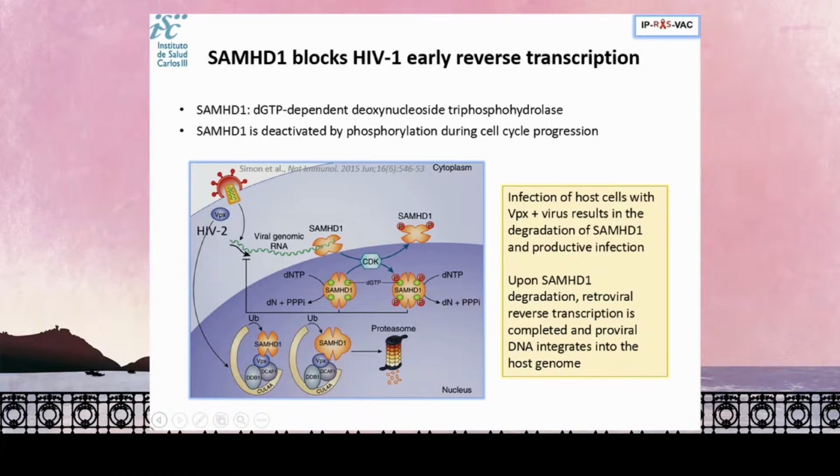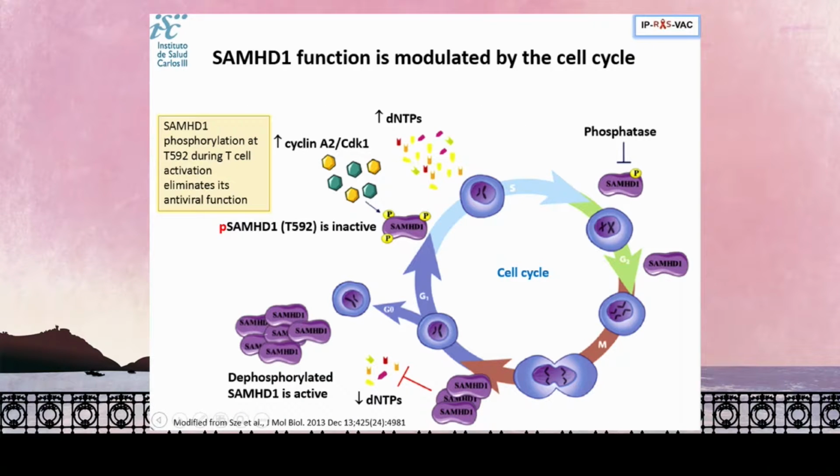However, HIV-1 is able to overcome SAMHD1 restriction, mostly because SAMHD1 function is modulated by the cell cycle. When the CD4 T cells are in a resting state, we have a SAMHD1 that is active because it is not phosphorylated.